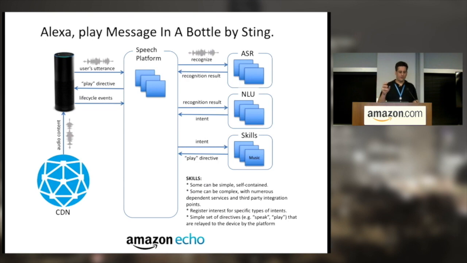So before the song ends, it will send a playback nearly finished event to the speech platform. The speech platform will call the play music skill. The play music skill will say, okay, track 1 is about to end, let's play track 2. It will send a new play directive to the Echo device.